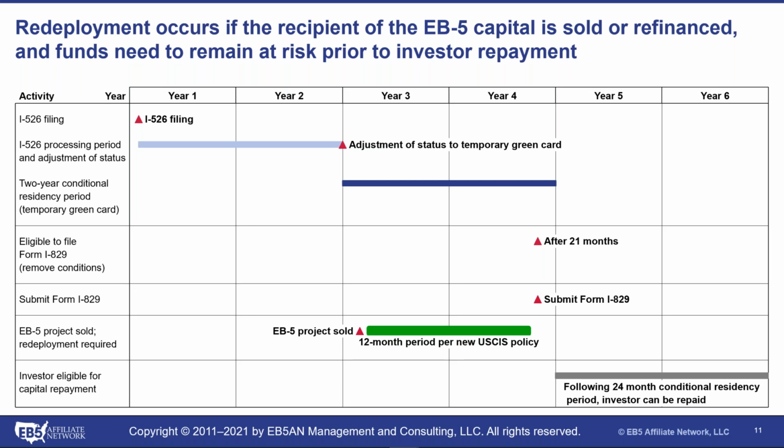At a minimum, these are the rules by which redeployment needs to be structured. There's a lot of flexibility beyond these rules, but this is the starting point for evaluating what redeployment strategy a project could undertake.